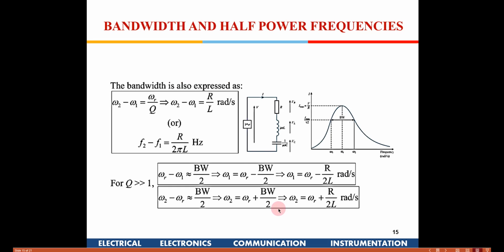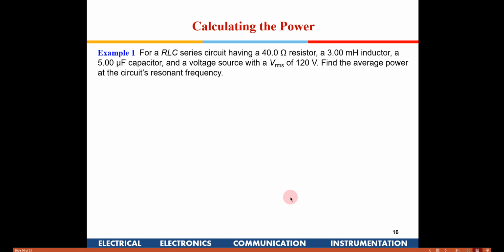Same with bandwidth. Omega minus omega 1 is bandwidth by 2, so you can compute omega 1 as omega r minus bandwidth by 2, and omega 2 as omega r plus bandwidth by 2. This is what I just explained to you.